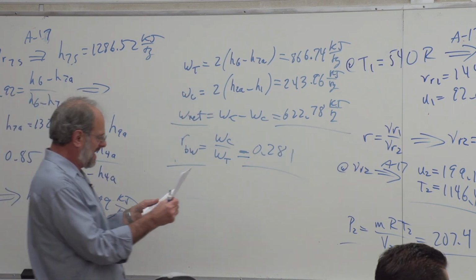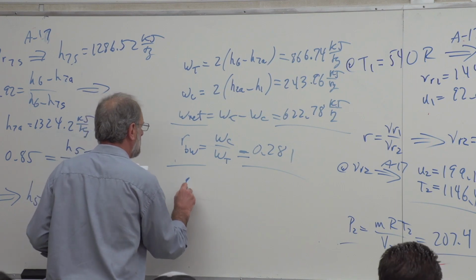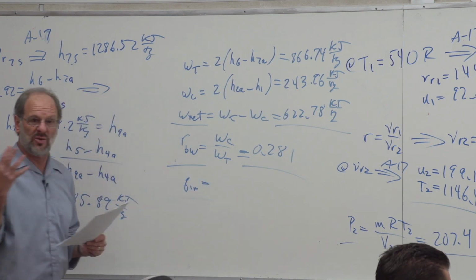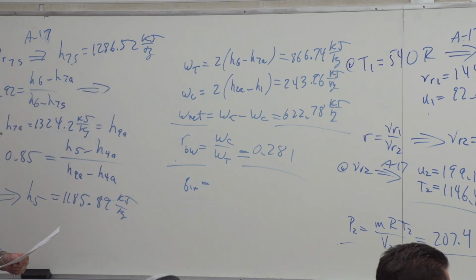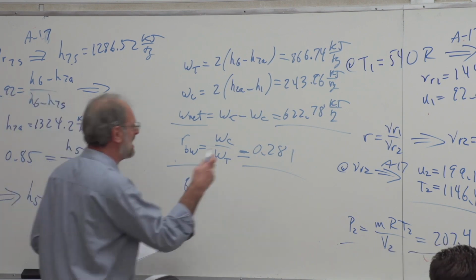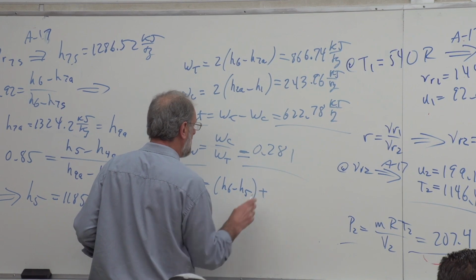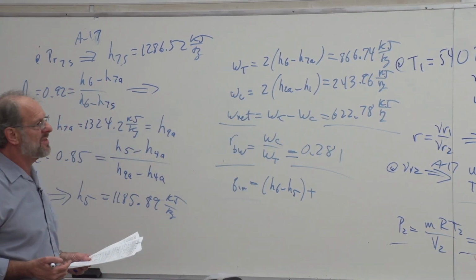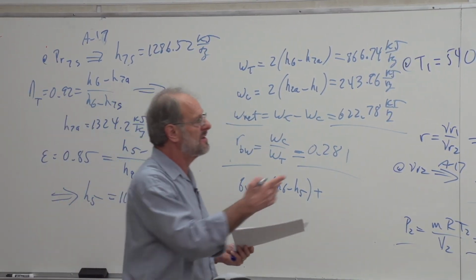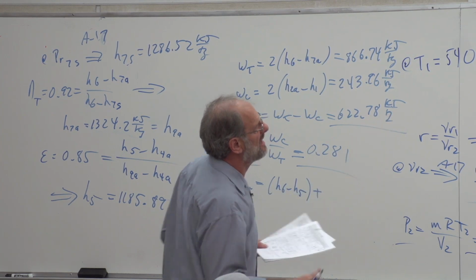Okay. And now we need to find our heat input. Keep in mind that we have two heat inputs, right? One in the combustion chamber from 5 to 6, so H6 minus H5, but then also one within our reheater as we go from 7A to 8.